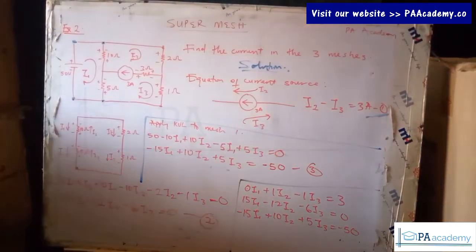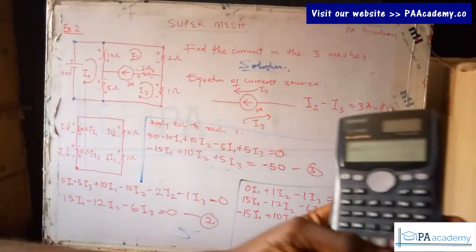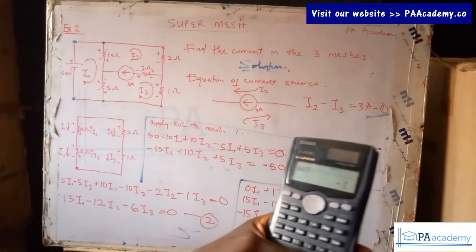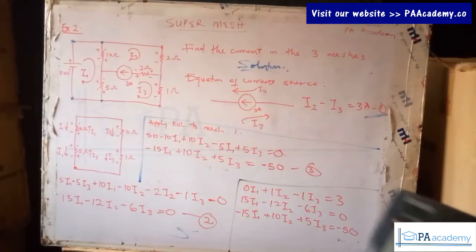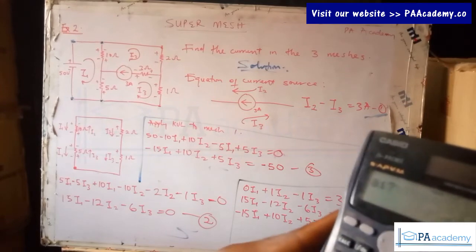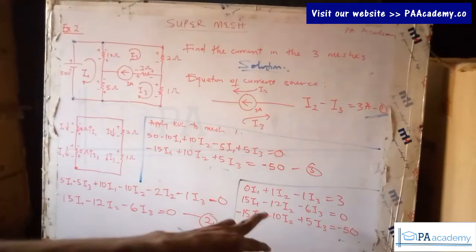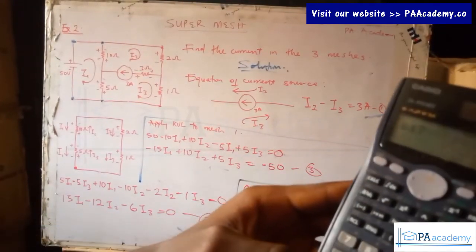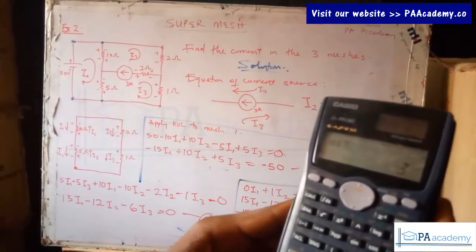So just the same thing I did in example 2, I'll be using my calculator again to get the values. My calculator is already in that mode. Once I put in those values, A1 I'm having to be 0, press equals, then 1, minus 1, and then 3.